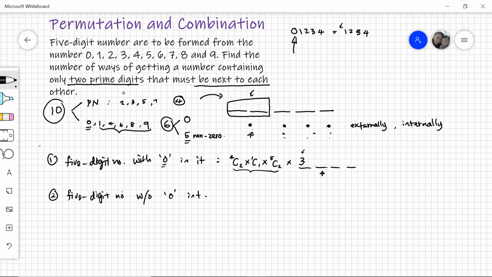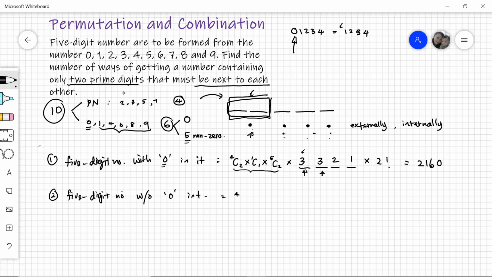So out of the 4 items, 1 already went into the first space, then we are left with 3 items. So those 3 items, we arrange accordingly: 3, 2, 1. So this is externally, followed by internally, the prime numbers, 2 factorial. So with this, we will get the total ways 2,160.